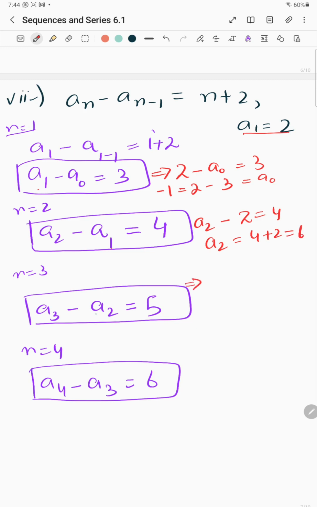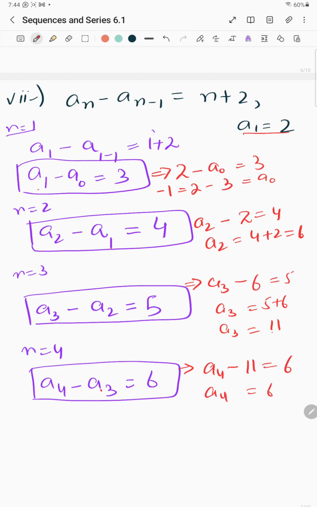Now we got the value of a2. So a3 minus 6 is equal to 5, a3 is equal to 5 plus 6, a3 is equal to 11. And finally we have a4 minus a3 is 6, and a3 is 11. So a4 is equal to 6 plus 11, a4 is equal to 17.